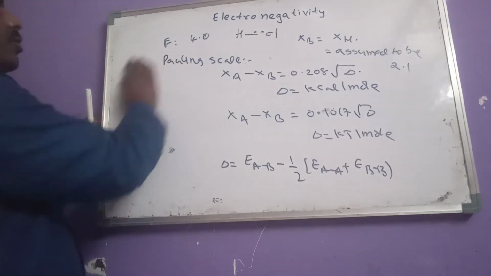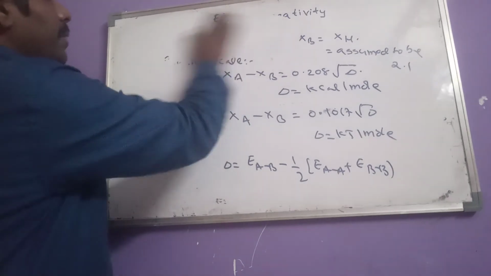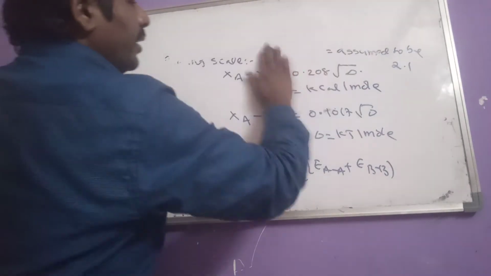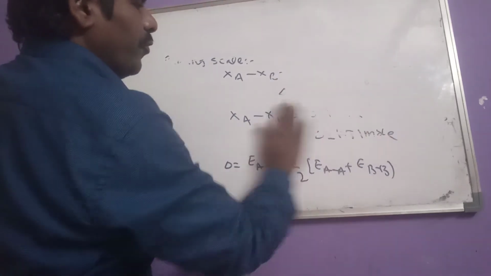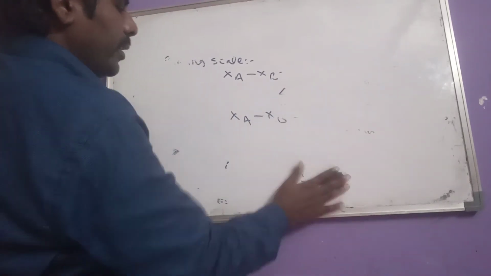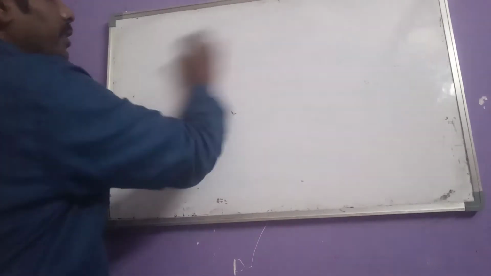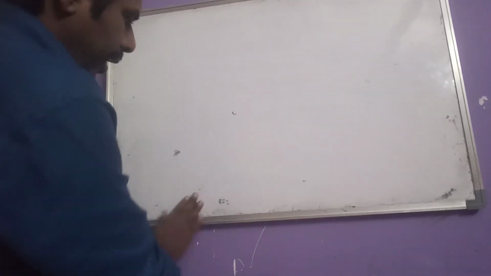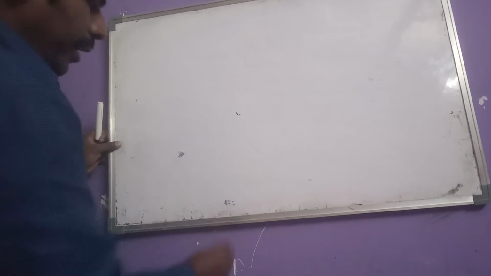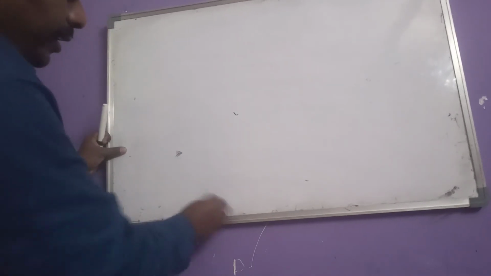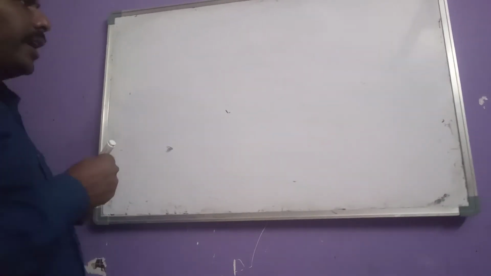The Pauling scale. On the Pauling scale, the element with the highest electronegativity, fluorine, has the value 4.0. That means nothing but 4. So this is one of the scales used to determine which one? Electronegativity. Now another scale is also there.